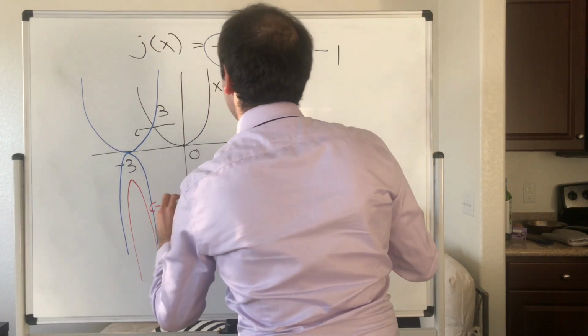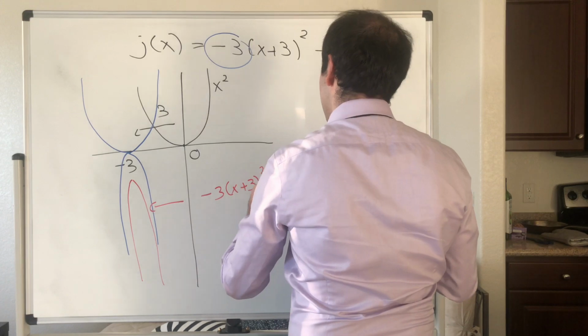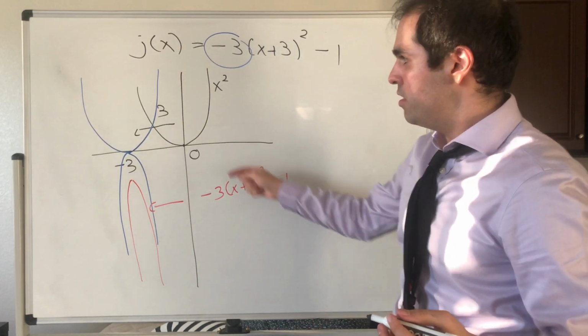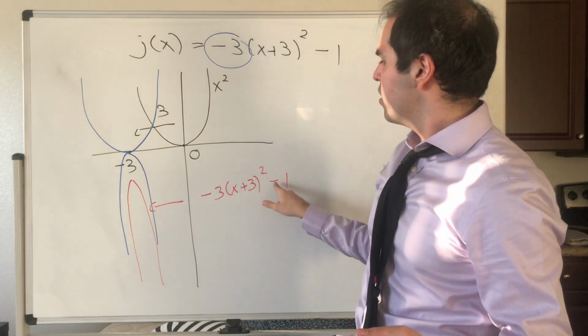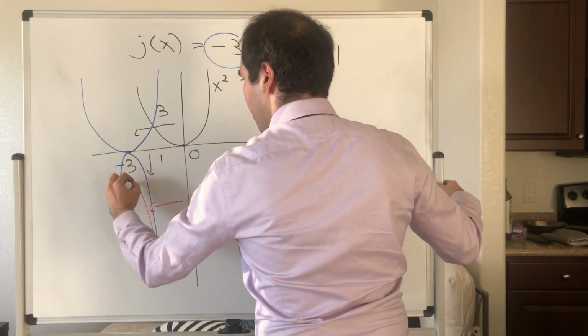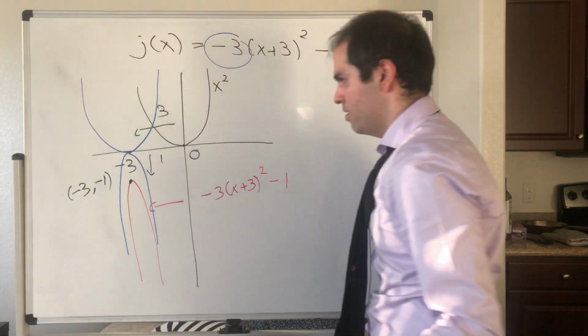So this is your minus 3 times x plus 3 squared minus 1. And now let's look at where the vertex is. You shifted it by 3 here, you flipped it, doesn't matter, and then you shifted it down by 1, and therefore the new vertex is minus 3 comma minus 1.